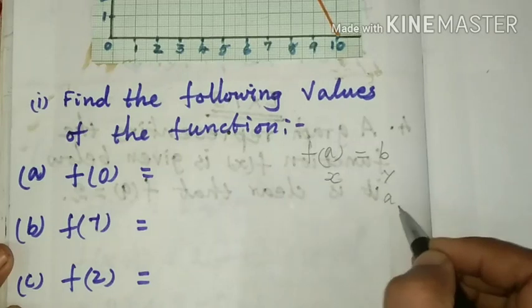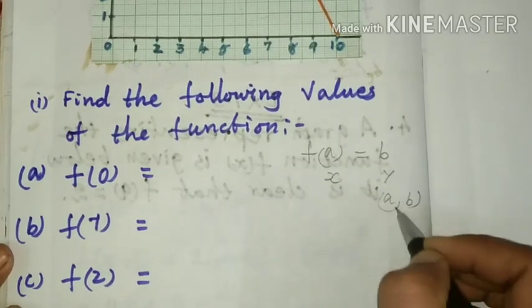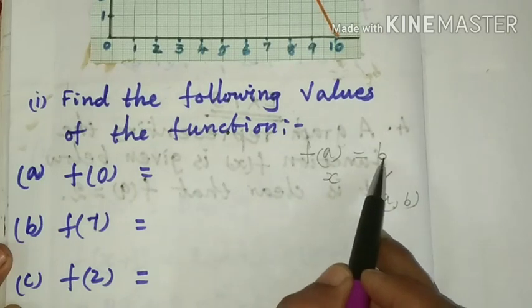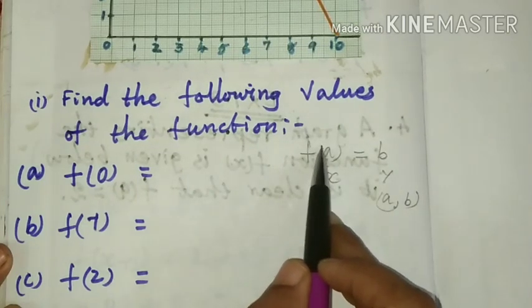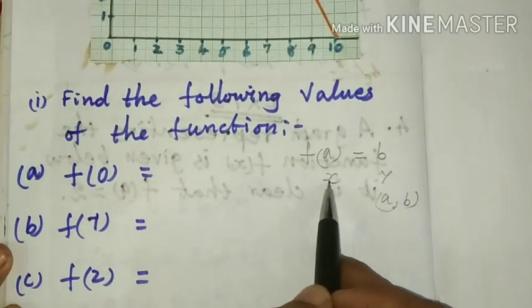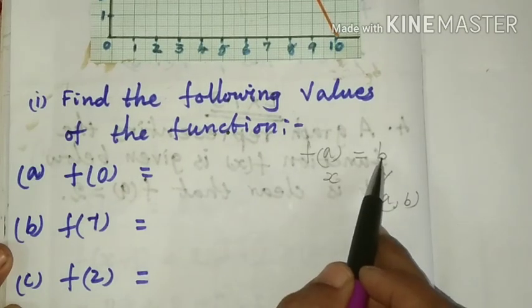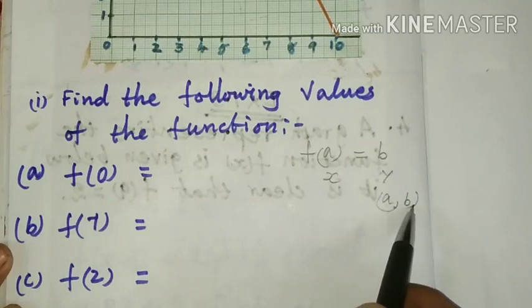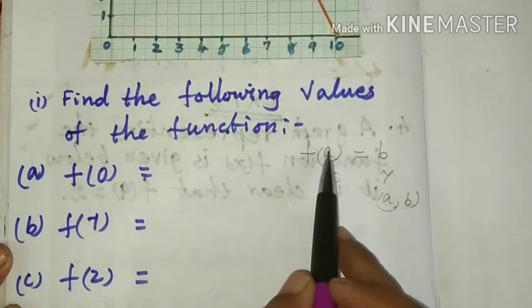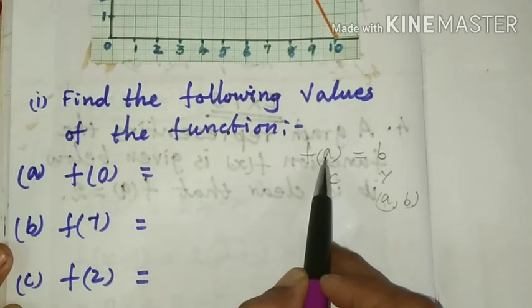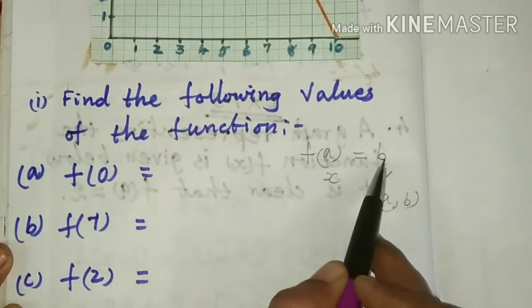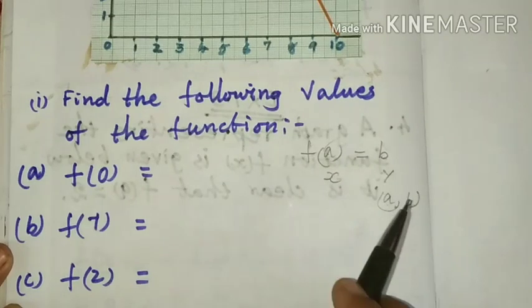Then the ordered pair a comma b. See here f of a equal to b. A belongs to x coordinate, b belongs to y coordinate. Then the ordered pair a comma b. So a is pre-image of b and b is image of a.